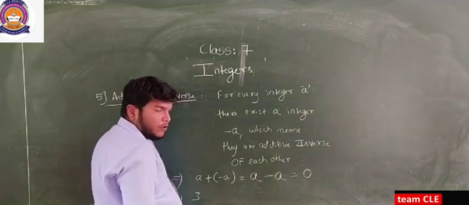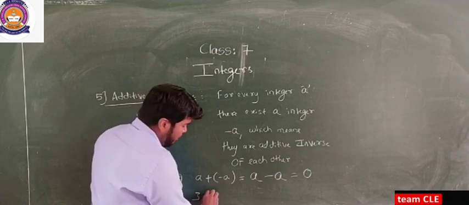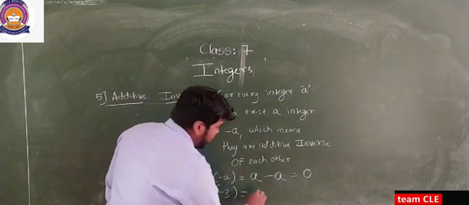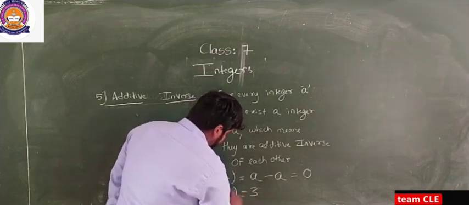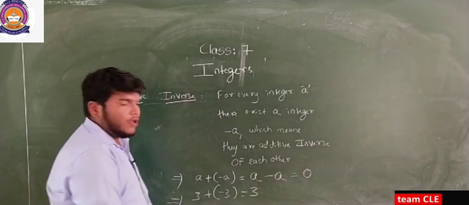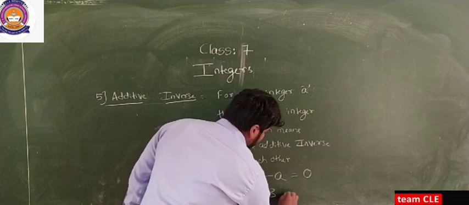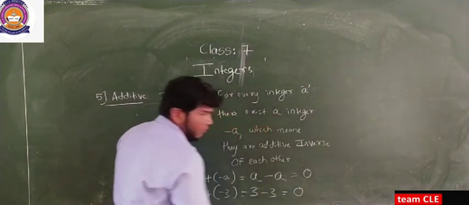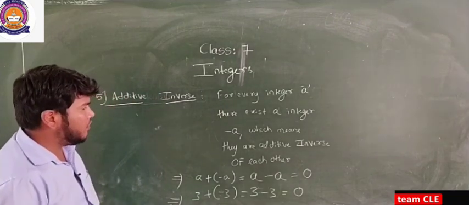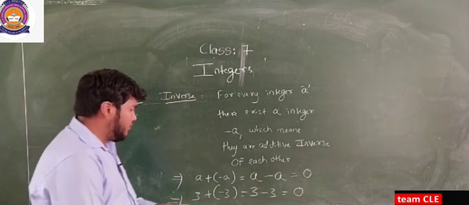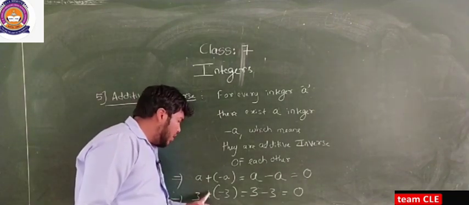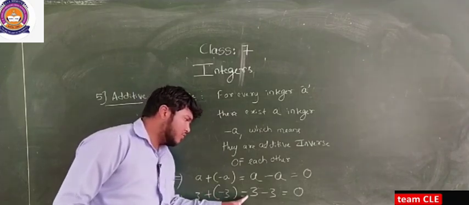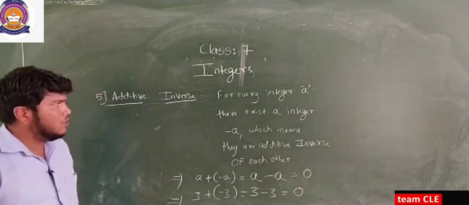What is the additive inverse of 3? That is 3 plus of minus 3, which is 3 minus 3, which is equal to 0. So these are additive inverses of each other. If you have 3, its additive inverse is minus 3, that is 3 plus of minus 3, which is equal to 3 minus 3, which is equal to 0.